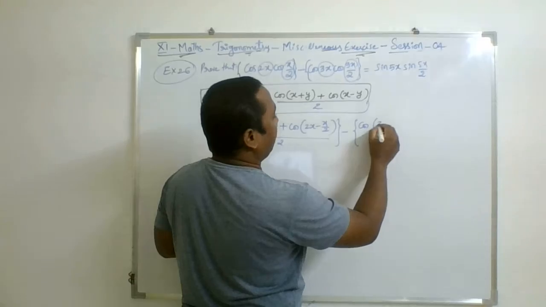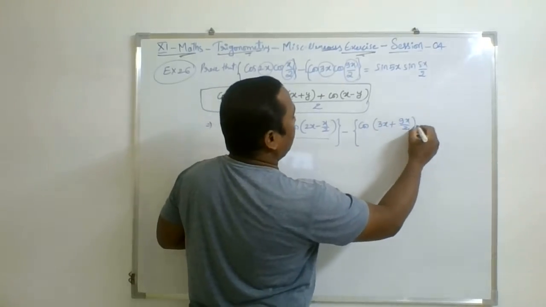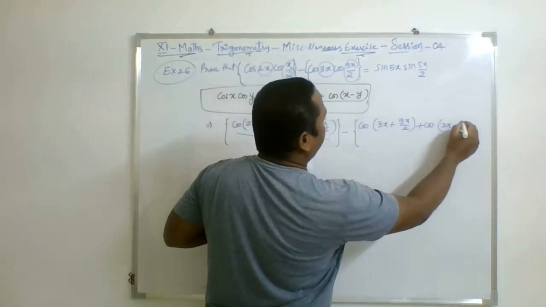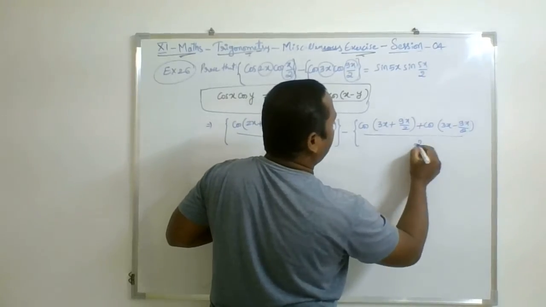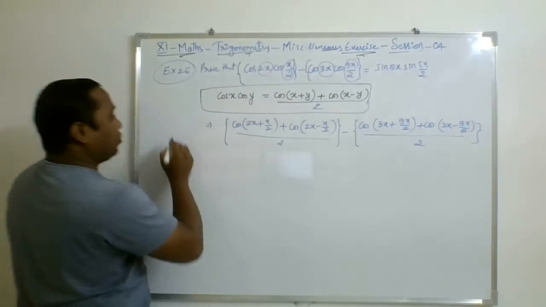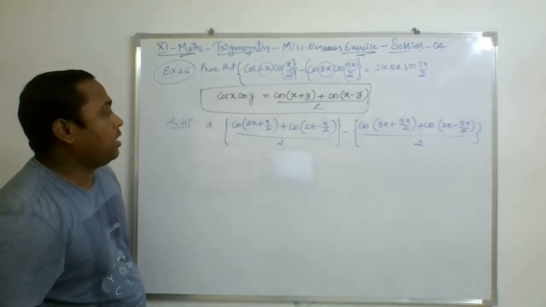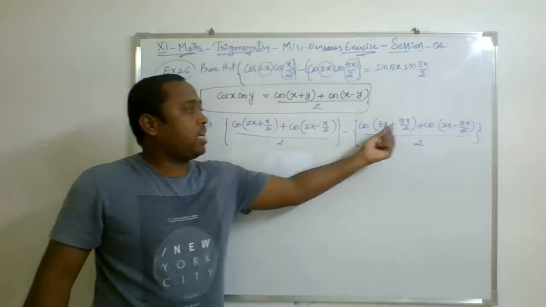So cos of 3x plus 9x by 2 plus cos of 3x minus 9x by 2 upon 2. So this is the left hand side. Now you only need to simplify these angles first.